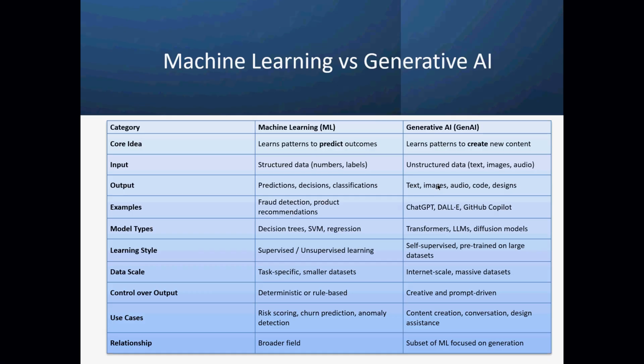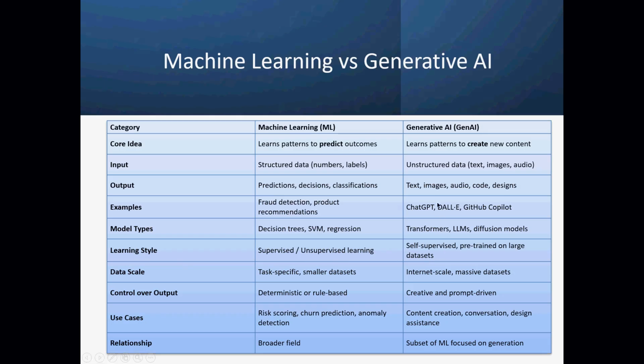Model types: we have decision trees, SVM, regression, and these are the models available for machine learning. For large language models and generative AI, we have transformer-based models like ChatGPT, GPT-3, GPT-4, Llama, LLMs, right, diffusion models, etc.